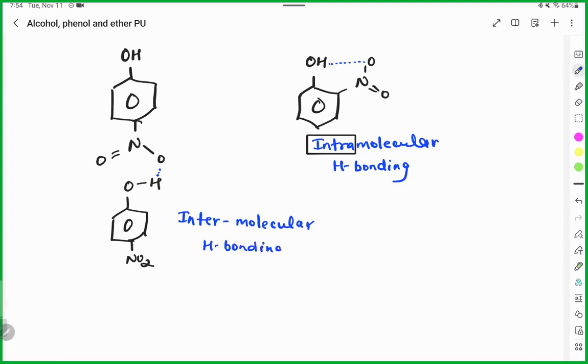So intra is between the same molecule, and inter is between separate molecules. Intra will happen in case of ortho, and intermolecular in case of para. Now tell me, which one will be more volatile?